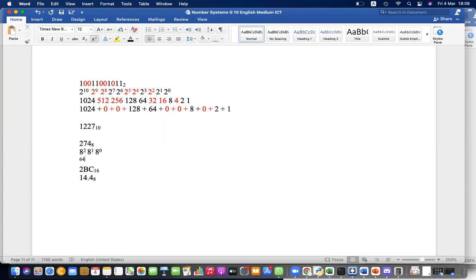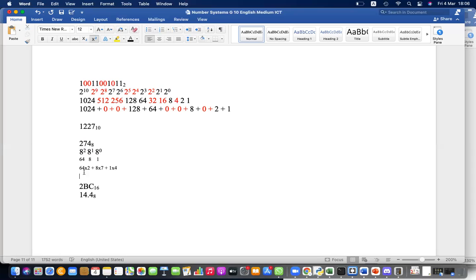And then 8 to the power 1 will be 8, and 8 to the power 0 is 1. Then you have to multiply 64 by the digit value, which is 2. Then plus 8 multiplied by the digit value 7. And then 1 multiplied by the digit value 4.